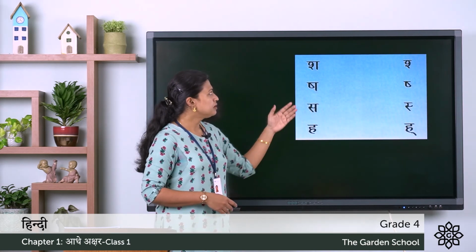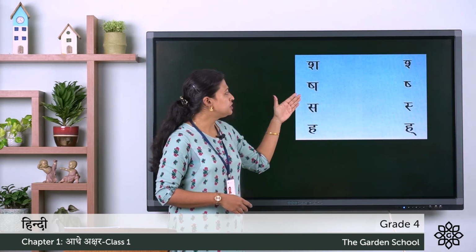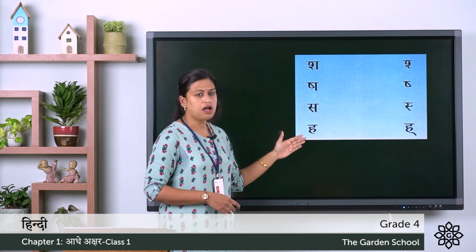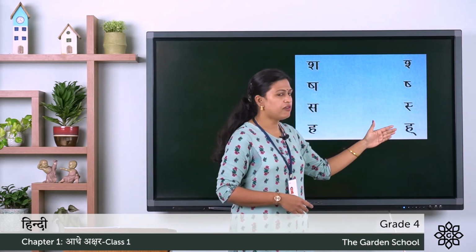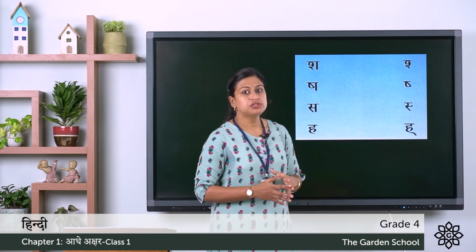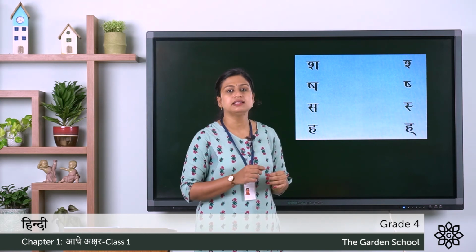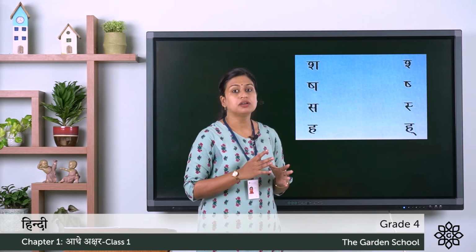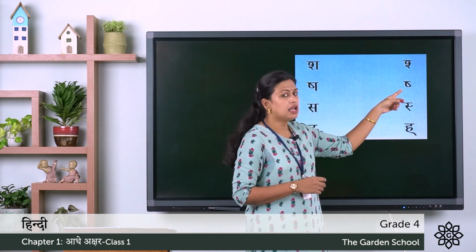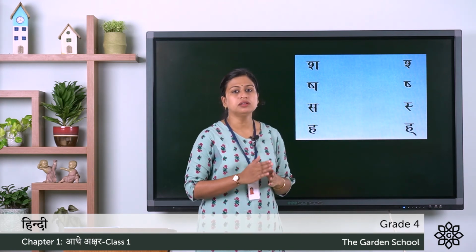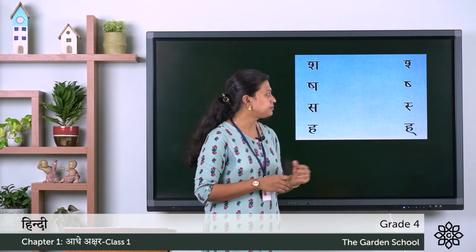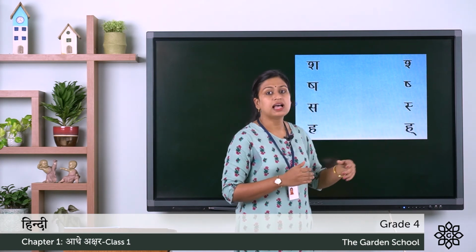Now next one, it's Sha, Sha, Sa, Ha, and these are the half forms. The first one, Sha, you can see the standing line is missing and we pronounce Sha. Here it's Sha, and here also the standing line is missing. Next one, it's Sa.